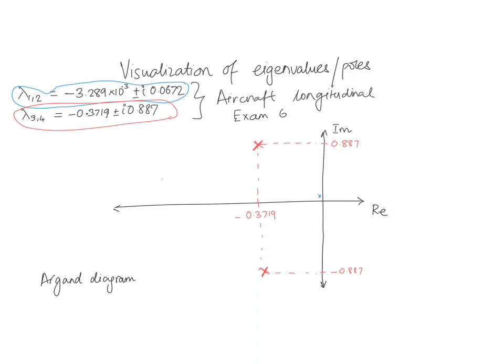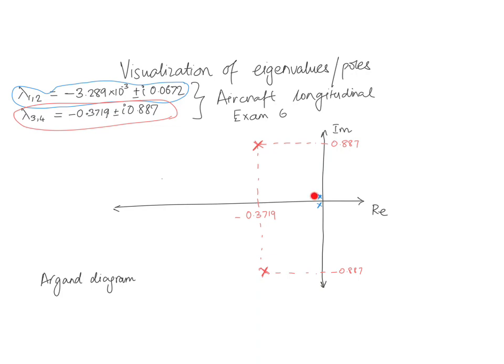So as you can see, the real part of this pair of eigenvalues, of the blue pair, is very small. It's 10 to the minus 3. So it's 3 orders of magnitude smaller than this one. So very close to the zero real line, right? So this vertical line is where the real part switches over from negative to positive.